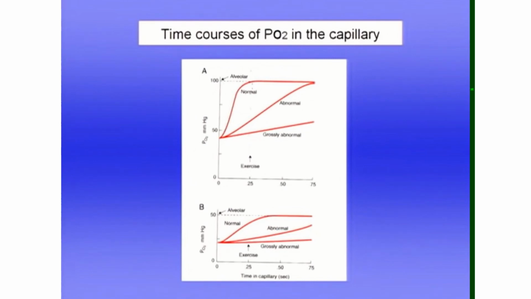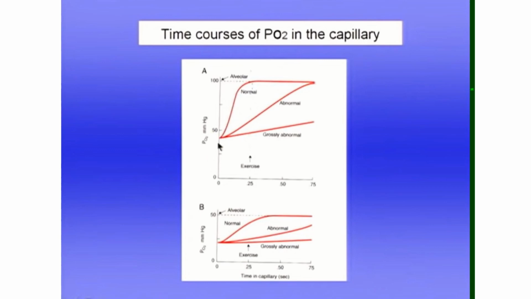We'll be talking much more about gas exchange in a later session, but take it from me, the normal alveolar PO2 is about 100 millimeters of mercury. The blood comes into the lung with a PO2 of about 40. We've actually seen that already in the mixed venous blood. It comes in with a PO2 of about 40, and under normal conditions, as I said before, it rapidly rises until it's essentially equal to the alveolar PO2. And of course, under those conditions, the oxygen uptake is blood flow limited, perfusion limited.